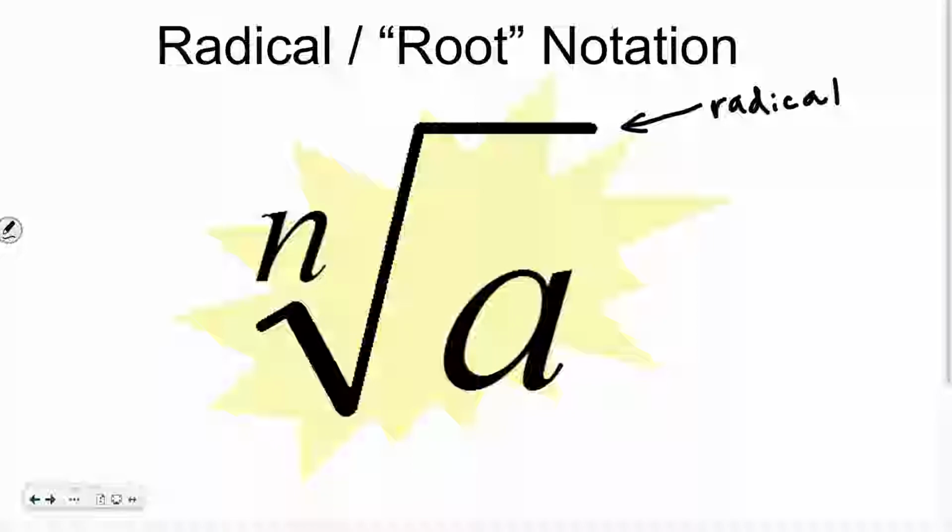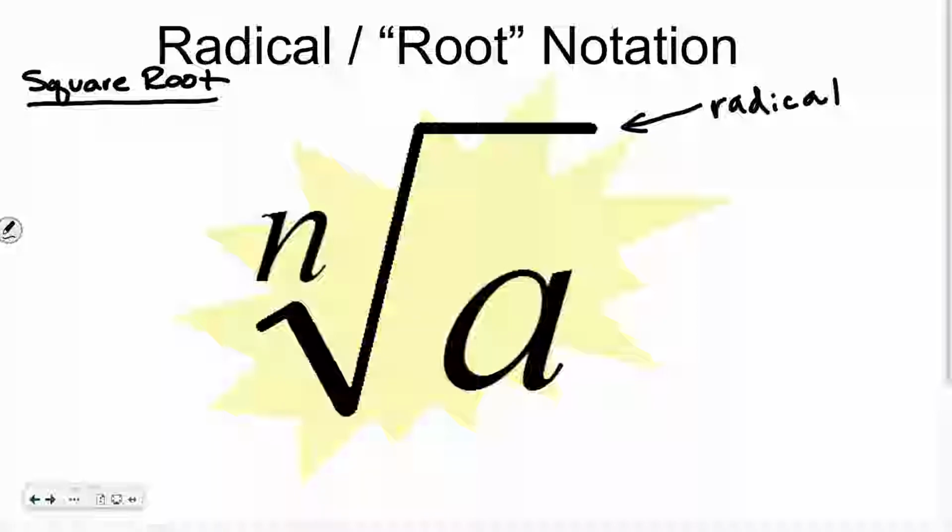Now, the most common radical that we're used to working with is what type of root? A square root, okay? So let's just talk real quickly about a square root. I'm going to put this off to the side.